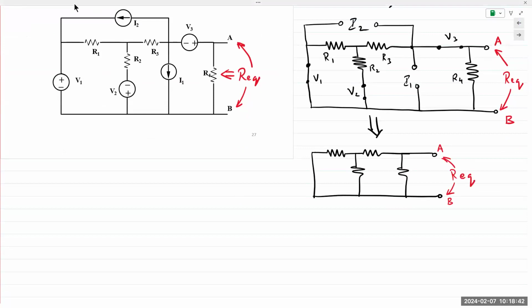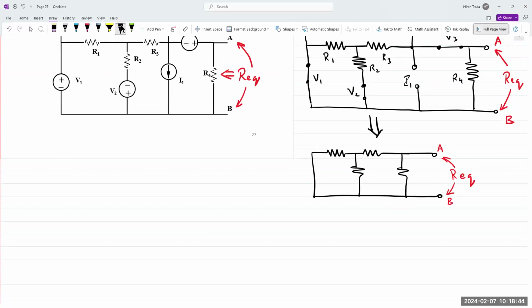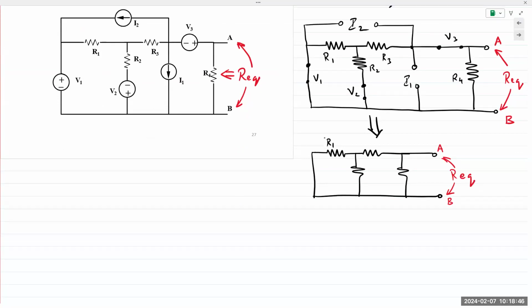And this is R1, R2, R3, and R4. So this circuit, the second one, is all you need to show. You can show the first one too. That's fine. But the second one is more important. Either one.